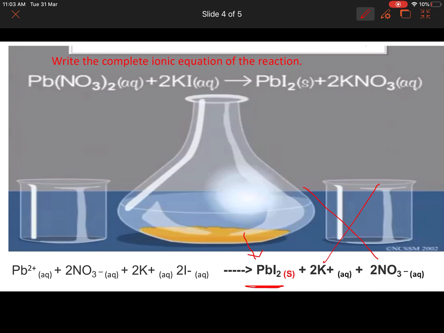Okay, now we have a complete ionic equation. You have the skeletal equation, or the balanced chemical equation, because it's balanced here. And we have here a complete ionic equation.